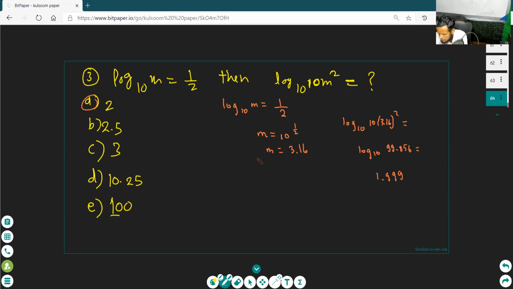So it's approximately 2. Yes, you can do this by using this method. Okay, it is also good.